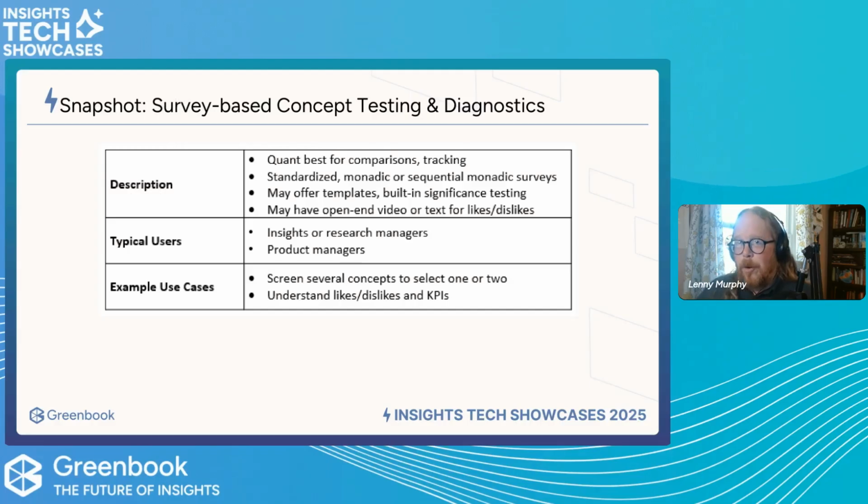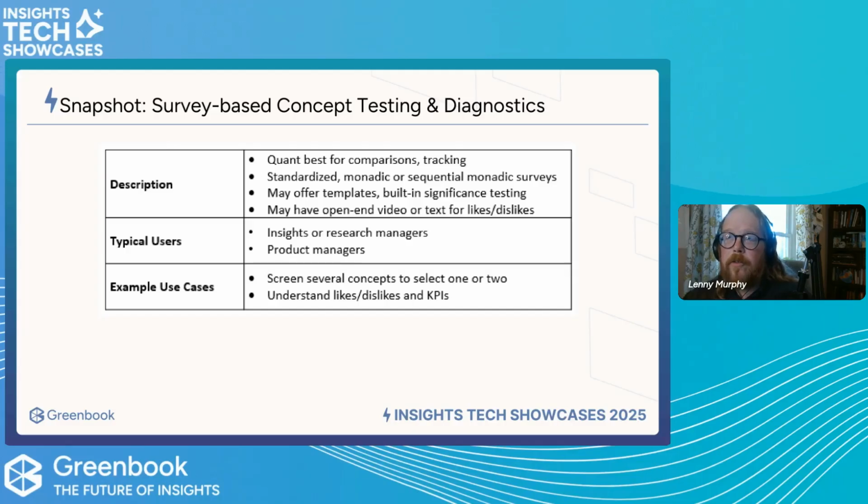All right, surveys, concept testing, diagnostics. This is probably the dominant mode today when you have a product concept, or even multiple product concepts, that you want to evaluate and optimize to determine the best product concept overall within your audience. Surveys, especially online surveys, are the dominant model for this.